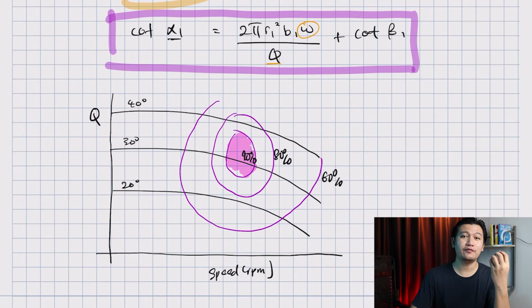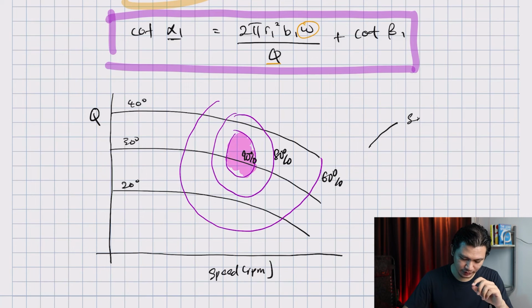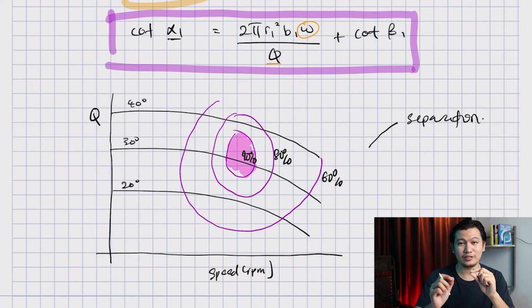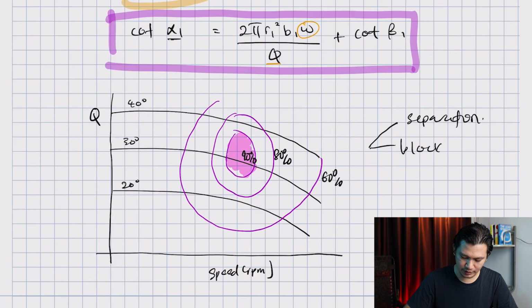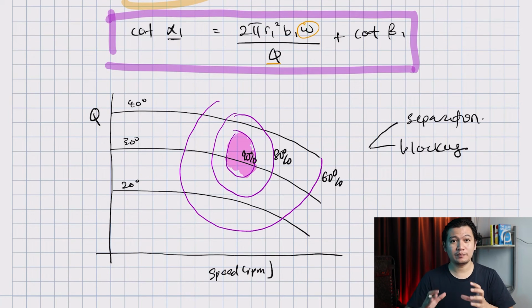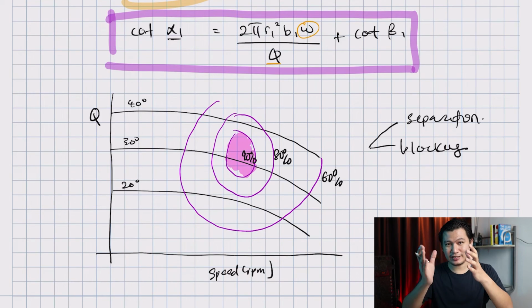Of course, there are several factors that impact the efficiency of a turbine. For example, you may have separation, where the flow detaches from the surface of the blade, thereby blocking the pathway. The primary flow is actually blocked by the separation inside the passage.